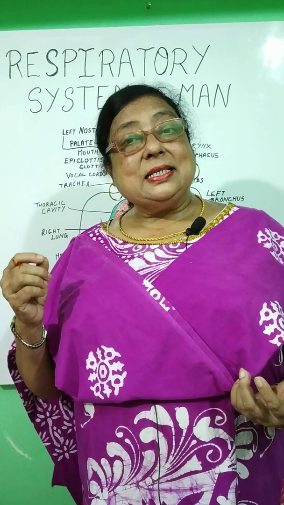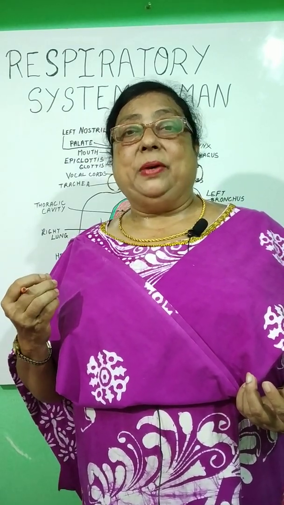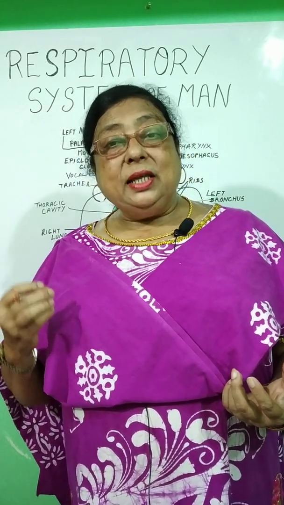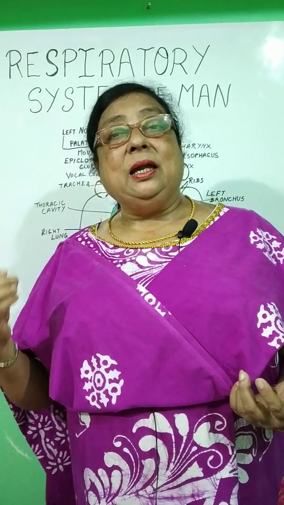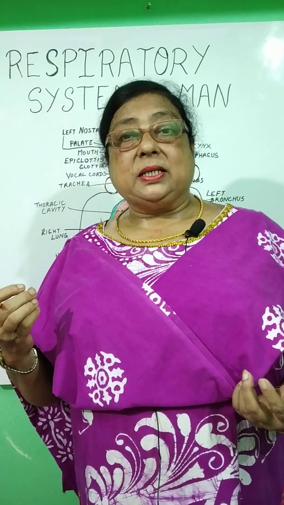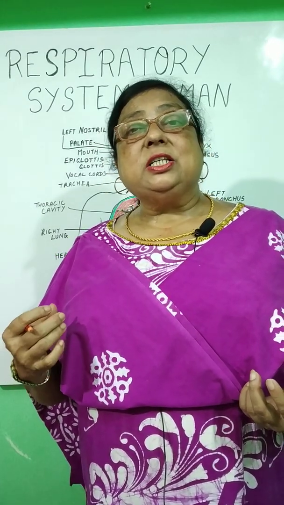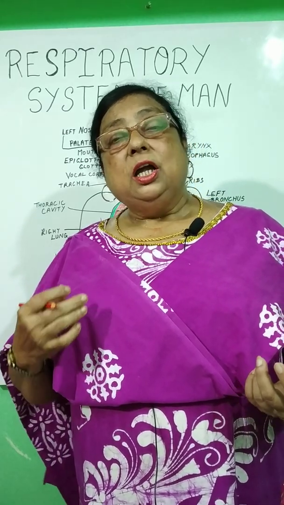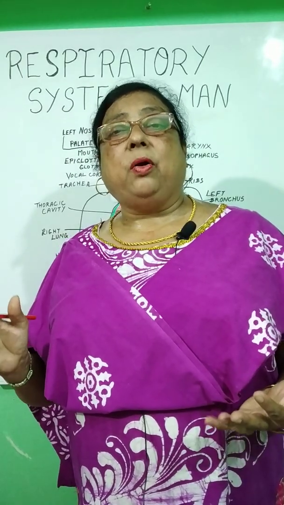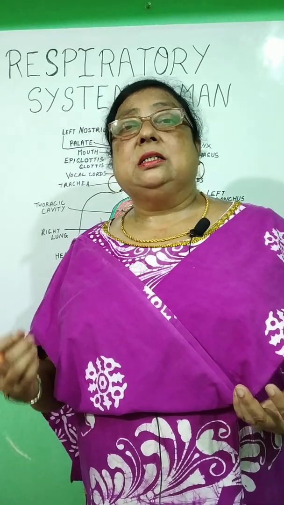Okay, and inside the blood capillaries there is hemoglobin present in the red blood corpuscles. So this oxygen combines with the hemoglobin of our RBCs, that is red blood corpuscles, and then through the blood stream, that is the circulatory system, the oxygen is diffused into the whole of our body system, right from the head, the scalp, till the tip of the toes.